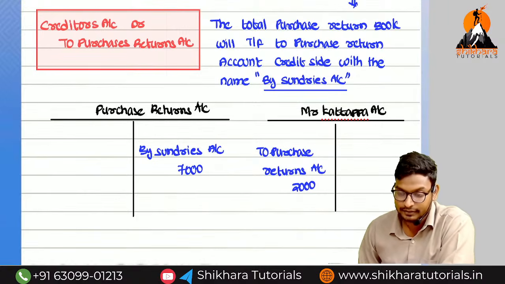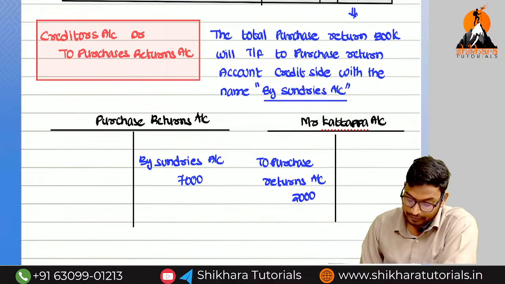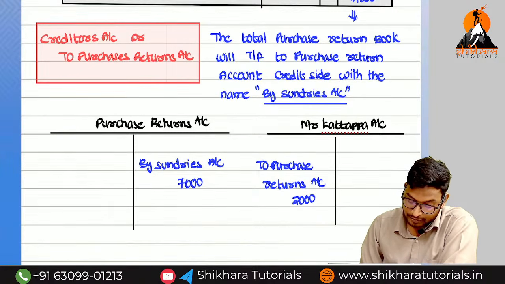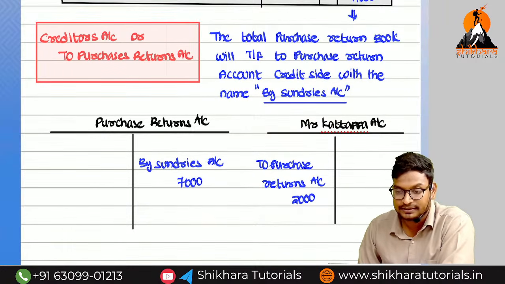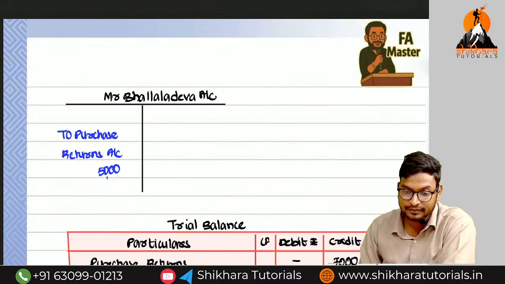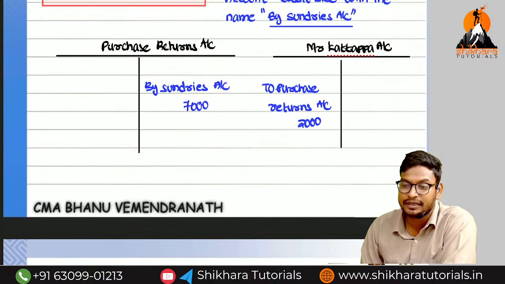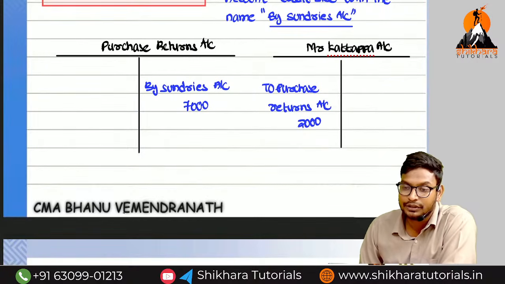What we need to write? By sundries. So in the Kattappa account, which side do we need to post? Debit side. What do we need to write? To purchase returns 2,000, and in the Ballal Deva account, which side? Debit side. If any account is showing debit balance, we will record on the debit side. If any account is showing credit balance, we are going to record on the credit side of the trial balance.